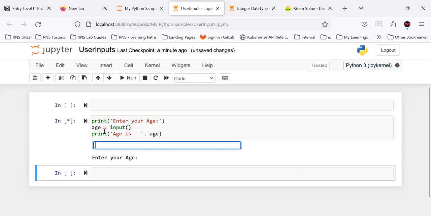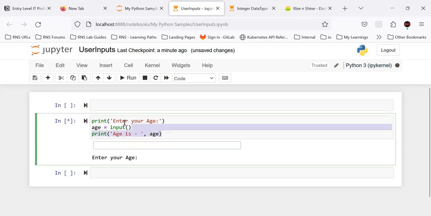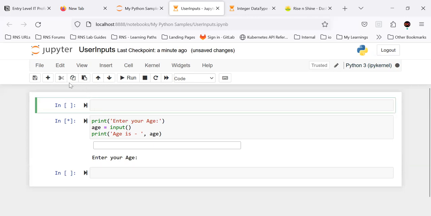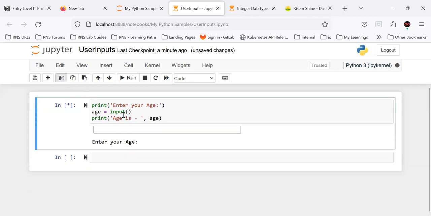Yeah. Now the point we are trying to understand is to minimize the number of lines. That is recommended. But how do I minimize the number of lines in a program? Okay, I need that same output. But here it is 3 lines. Can I reduce those to 2 lines? Yes, we can reduce that.